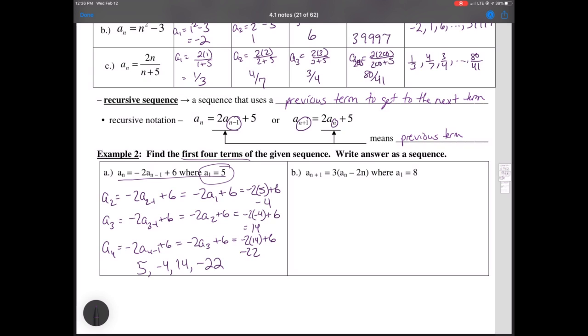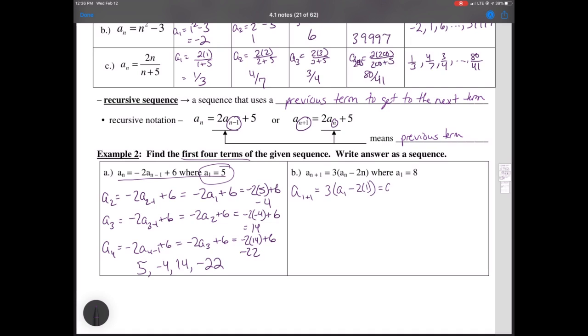Okay, for the next one, we are given that a sub 1 equals 8, and we have a sub n plus 1 equals 3 times a sub n minus 2n. So we want to know the second term. That's going to be a sub 1 plus 1 equals 3 times a sub 1 minus 2 times 1.